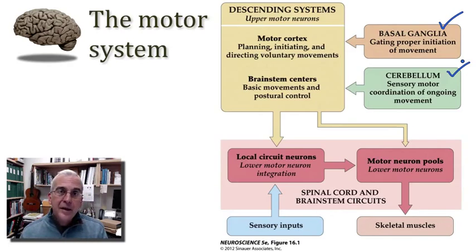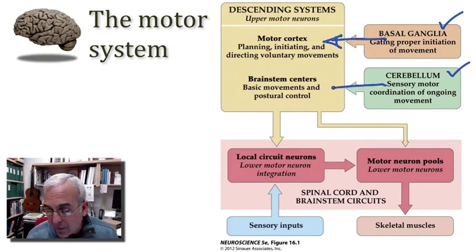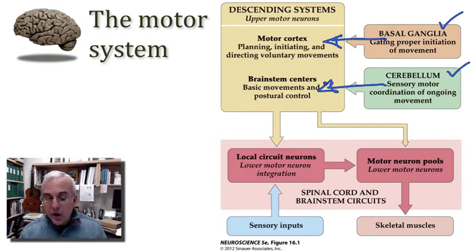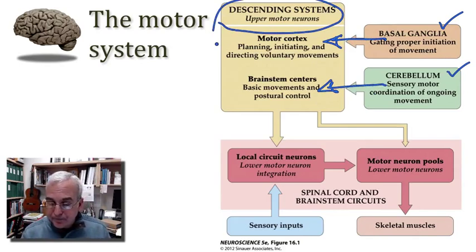But the basal ganglia and the cerebellum don't project directly to those circuits that govern the output of our lower motor neurons, which is the usual way that we define what constitutes an upper motor neuronal system. Rather, the basal ganglia and the cerebellum interact directly with networks of upper motor neurons. So notice that the arrows enter this block diagram at the level of our upper motor neuron systems.